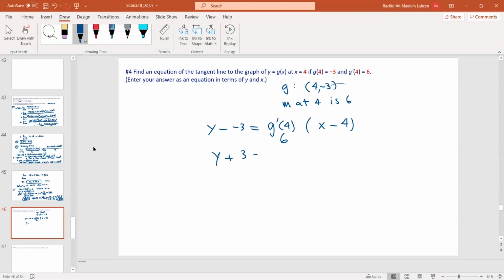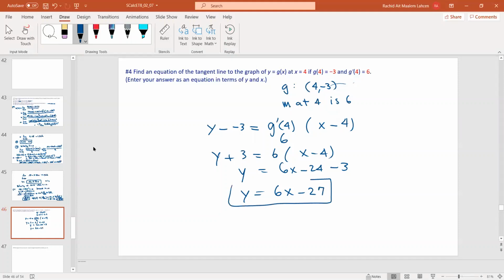So y plus 3 equals 6 times x minus 4, which gives 6x minus 24. Then we subtract 3. This would be the tangent line on this curve g of x at that point of 4.